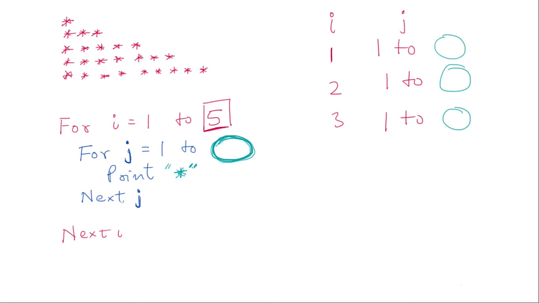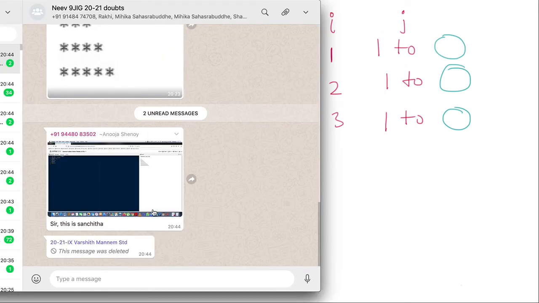If I see it on the screen, my mobile is not over here. If I see it on the screen, you will see it. Shall I see it on the screen? Who is this? Anuja Shinoy. Sanchita. You have sent the new one or the old one?